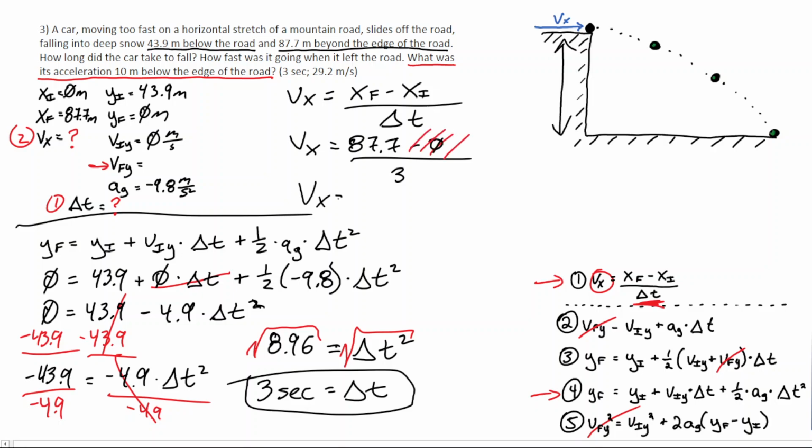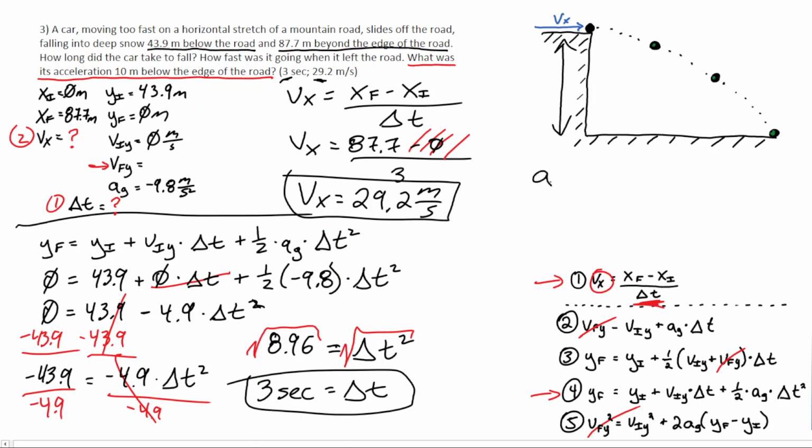And we have our Vx being equal to 29.2 meters per second. All right, so we got our answer right there. Things are looking good. But the last question is, what was the acceleration 10 meters below the edge of the road?